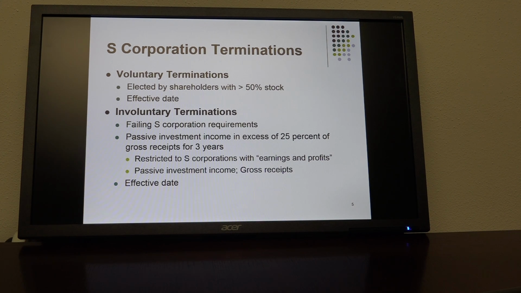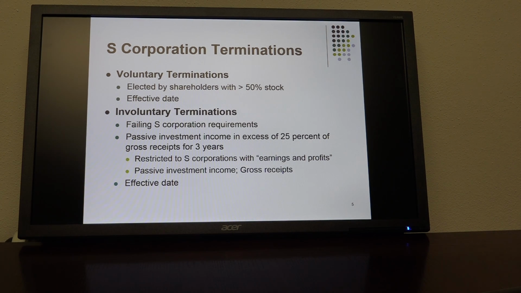Now, most, I'm not sure where this is in here. I think it's under elections. Again, like partnerships, most elections as far as accounting methods and tax years and all that are made by the S corp, not individual shareholders. And you remember those 3 rules in figuring out the tax year, the least aggregate deferral and all that junk?